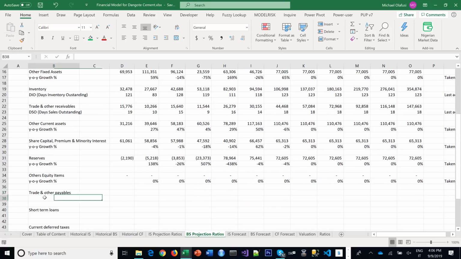Then trade and other payables. So this is going to be days payable outstanding. These are the normal ways of forecasting the working capital items.